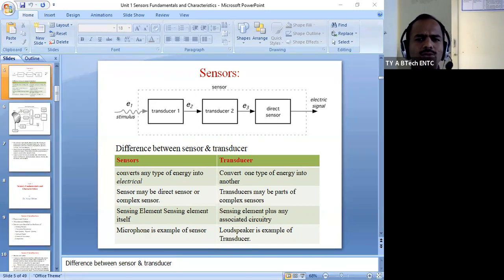And if you are using more than one input, or designing a system, see here, this is the first case. First signal maybe temperature, second weight, third pressure, any parameter might be there, or distance measurement, RPM measurement, light intensity.